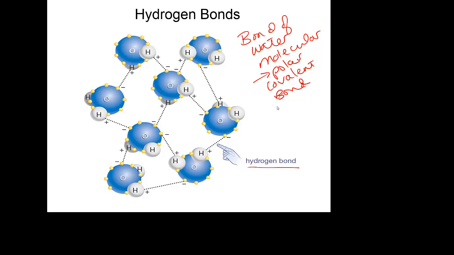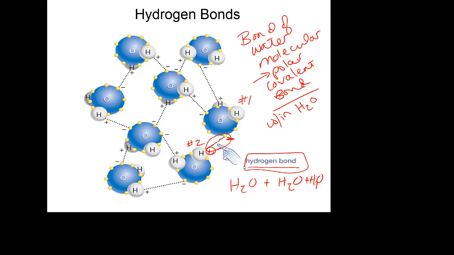So this is the bond within a single water, okay? But when we look at water plus water plus water, like I have in my diagram here, these dotted lines between the negative of one water molecule number 1, and the positive of water molecule number 2, that dotted line in between, that's what we call a hydrogen bond.